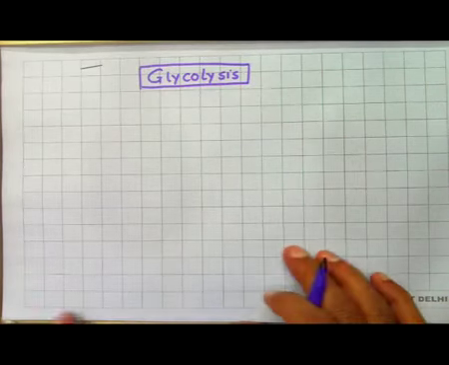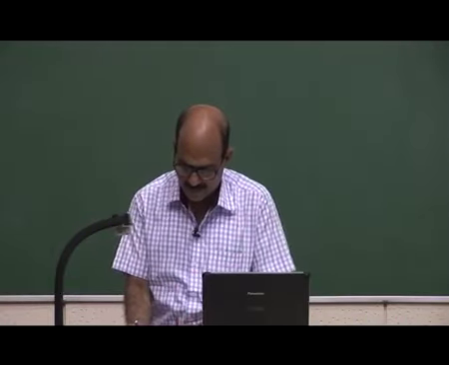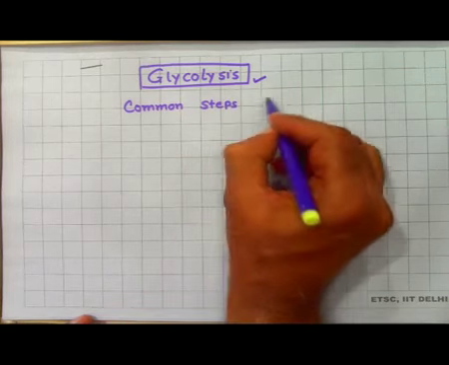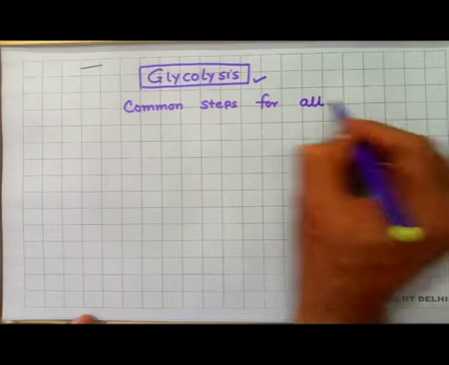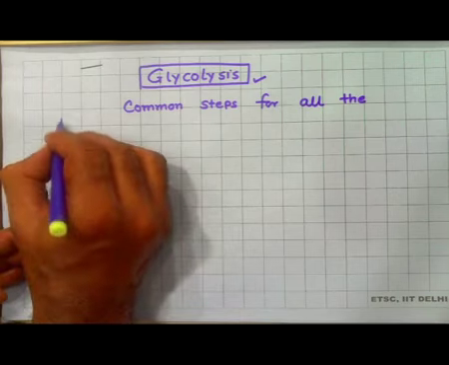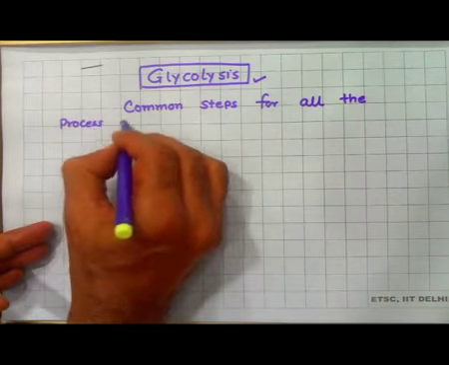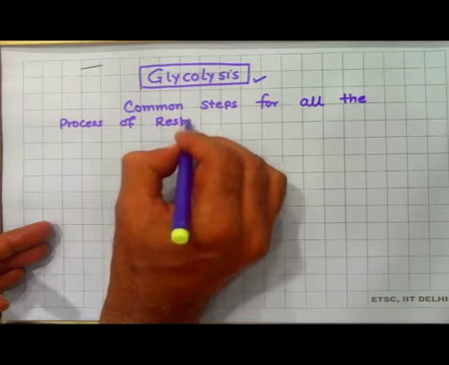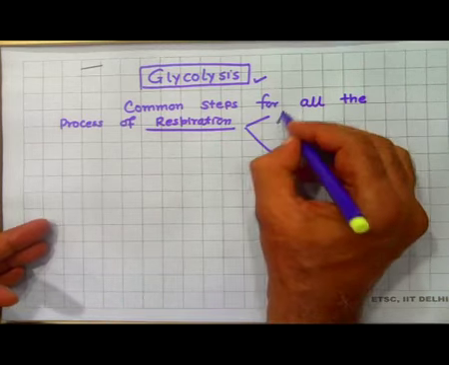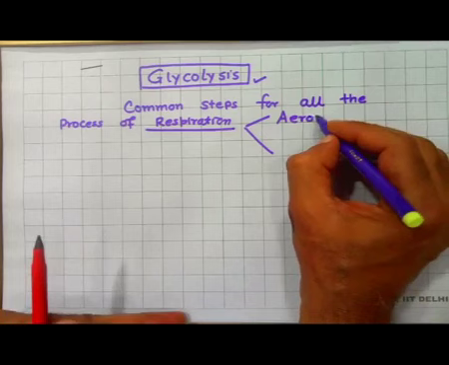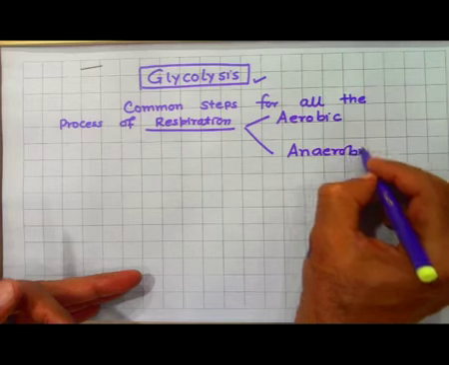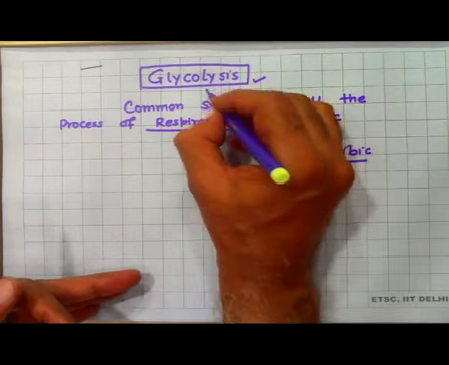As we have already discussed, glycolysis is the common pathway, common steps for all the processes of respiration, meaning for aerobic and anaerobic processes, glycolysis takes place.